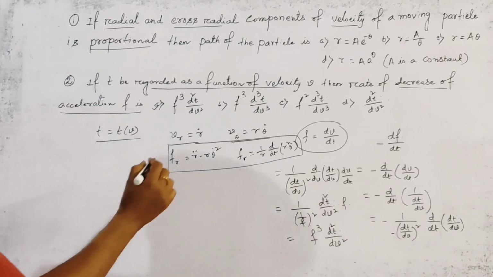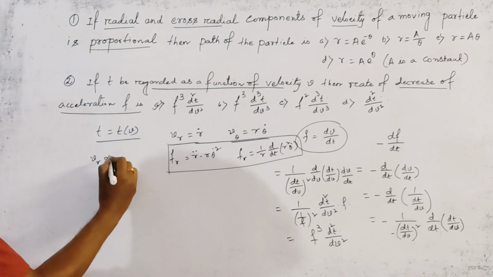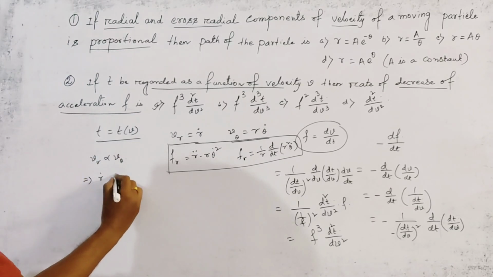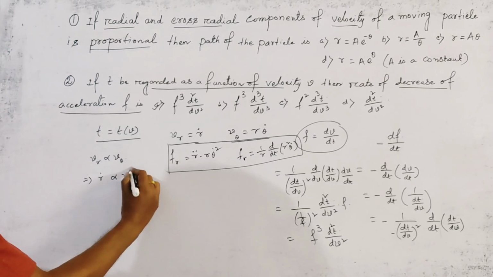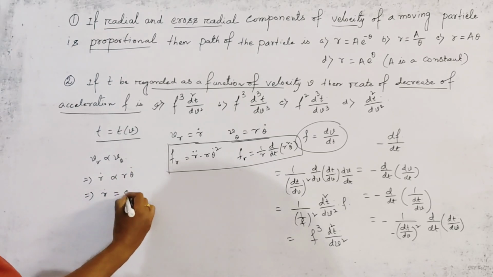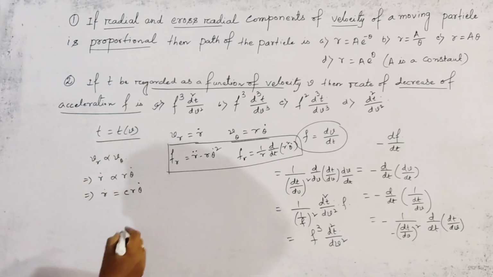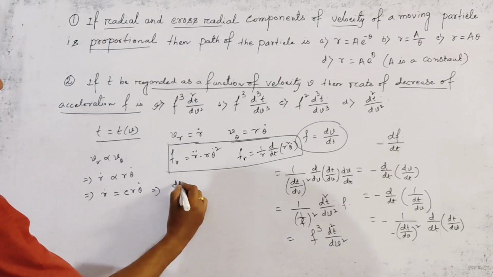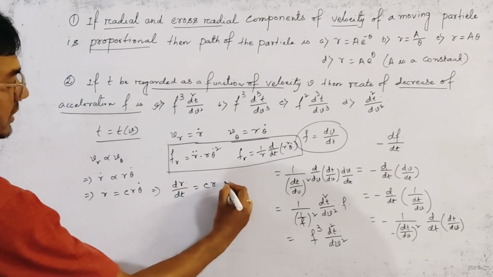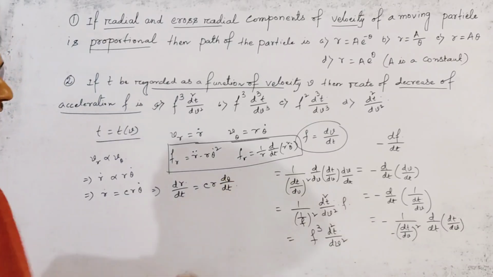Now it is given that these two are proportional, so we write v r proportional to v theta, that is r dot proportional to r theta dot. If we take r dot, this is equal to c r theta dot, where c is the variation constant, and we write dr dt equals c r d theta dt.